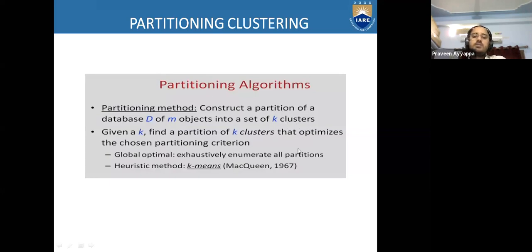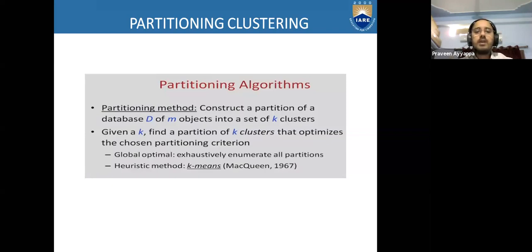So C1, C2, C3 are the three clusters. Then C1 is going to consist of x1, x2, x3. C2 consists of x3, x4, x5, x6, and C3 consists of x7, x8, x9. So these three clusters are going to consist of the data of M objects.